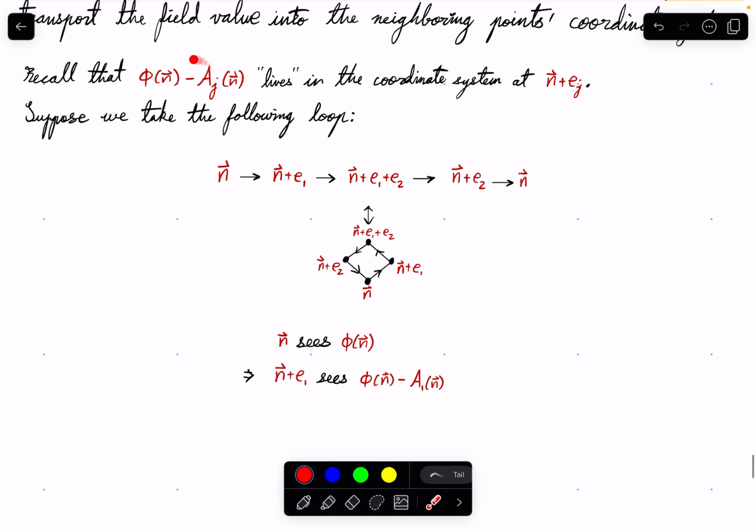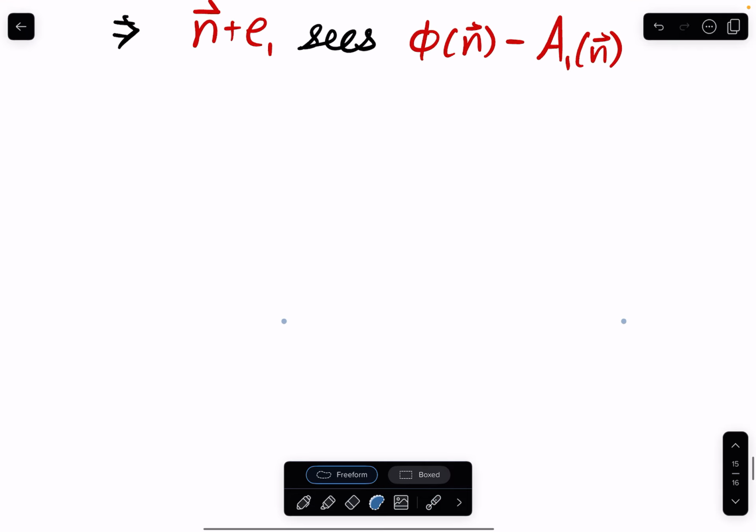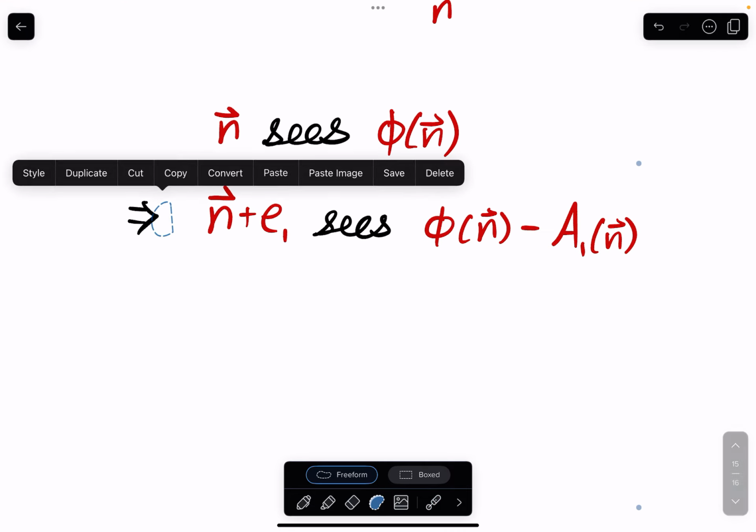Because this lives in the coordinate system at the other point. So if we're at the other point, then we have to consider this to see the same value. So this value changes in the coordinate system at this point by this amount. And you can just continue with this.